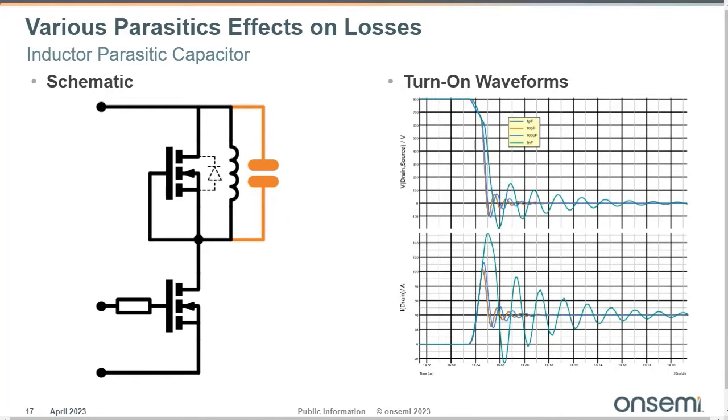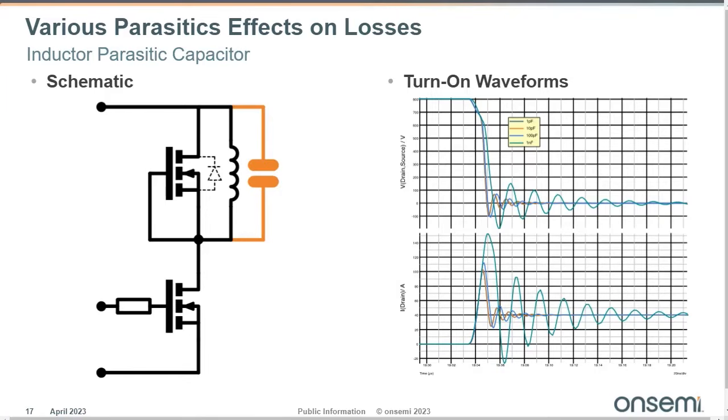Here we are just focusing on the parasitic capacitor effect, and as you can see, at turn on, the more parasitic capacitance you have on the inductor, the more it slows down the voltage drop and also somehow increases the reverse recovery.